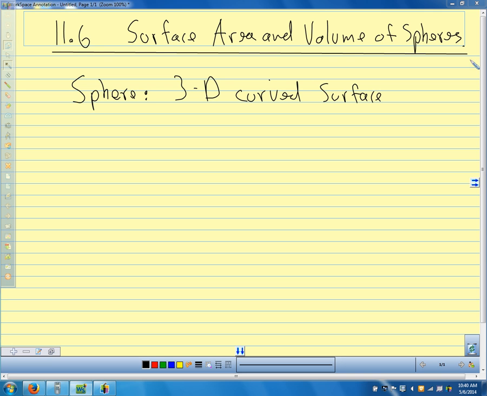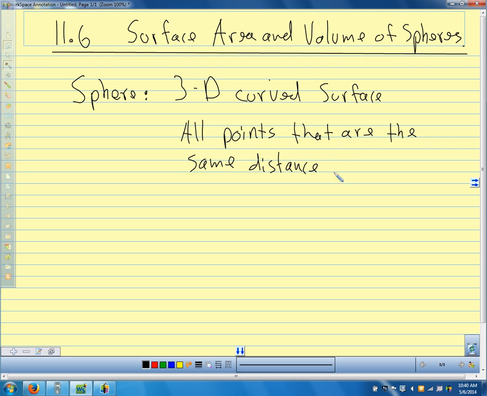The way we define a sphere is all the points that are the same distance from a center.